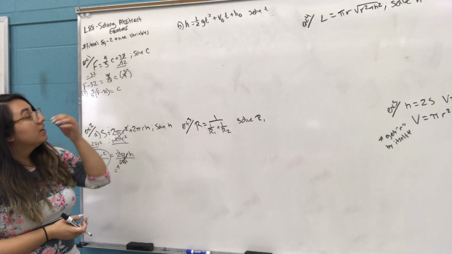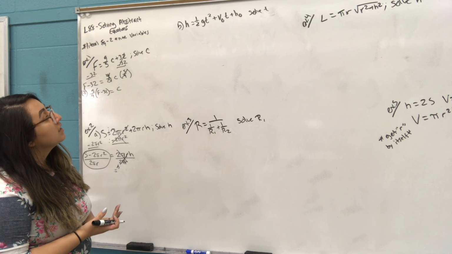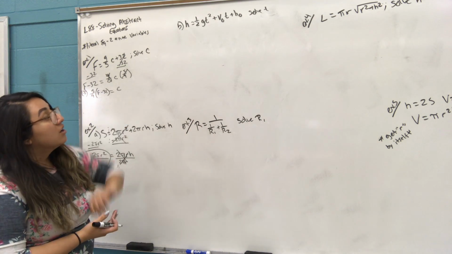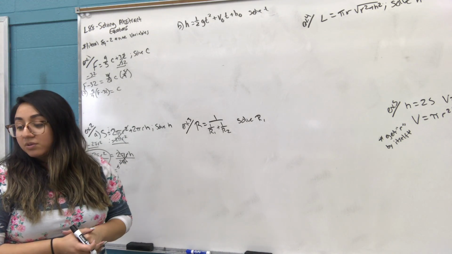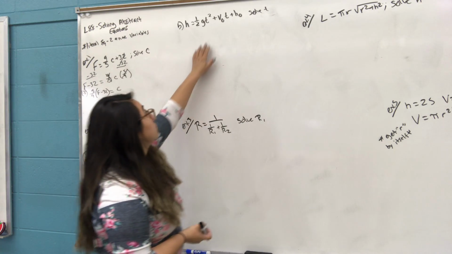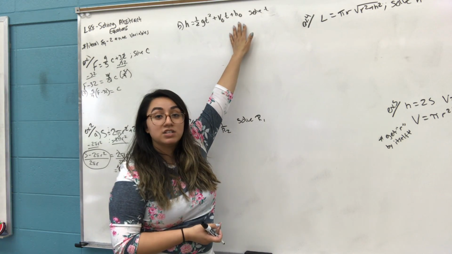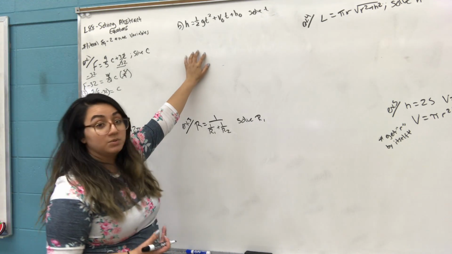B, we have h is equal to 1/2 g t squared plus v sub o t plus h sub o. We're going to solve for t. If you notice here, everything is in terms of a quadratic equation. So t squared, t, and then the constant. So what we're going to do is use the quadratic formula to solve example b.